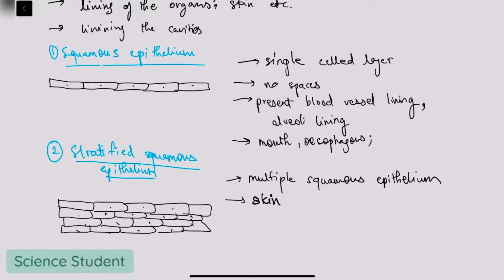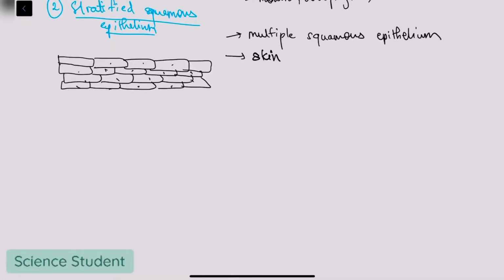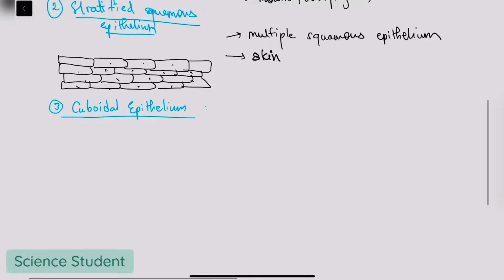Now, the third type we are going to learn is cuboidal epithelium. As the name suggests, these are cuboid structures, so they are represented by squares.